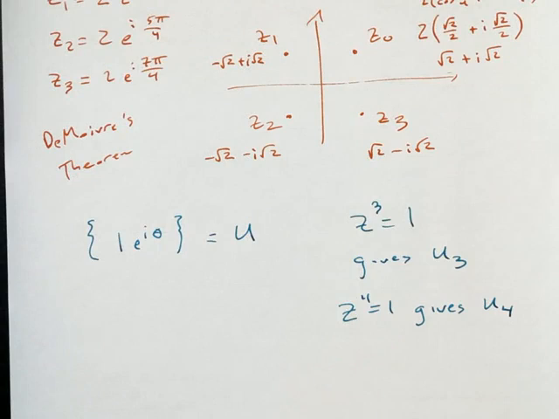If you follow this procedure for z cubed equals 1, you will get 1, negative 1/2 plus or minus the square root of 3 over 2. Those are the cube roots of 1.